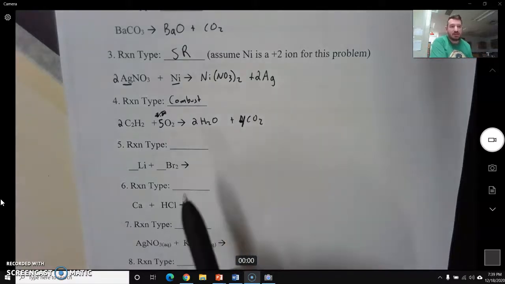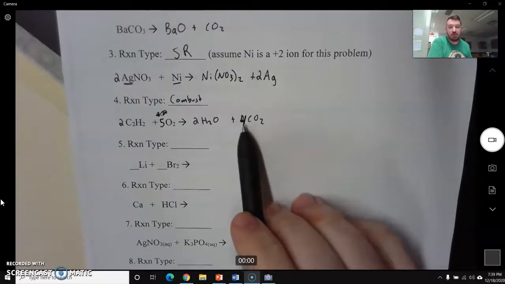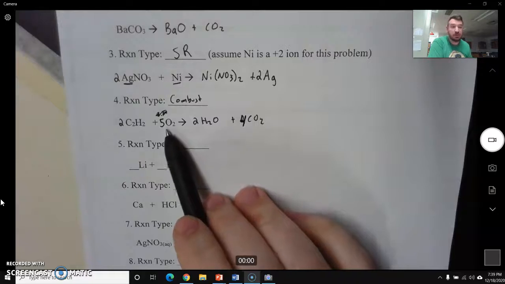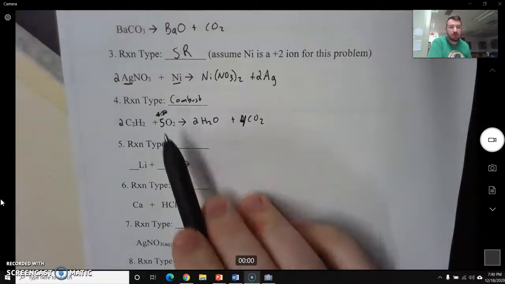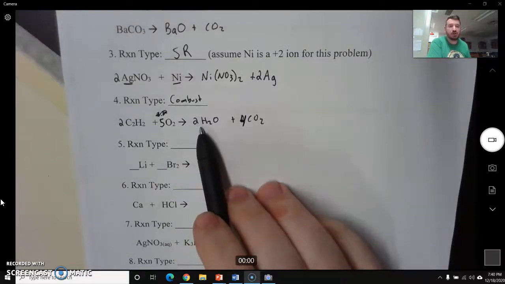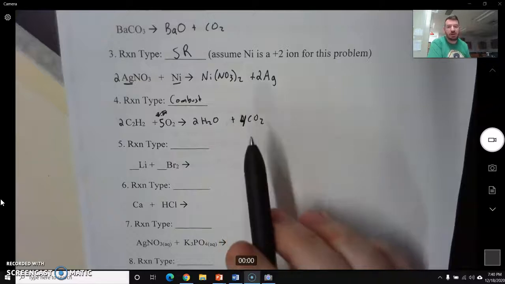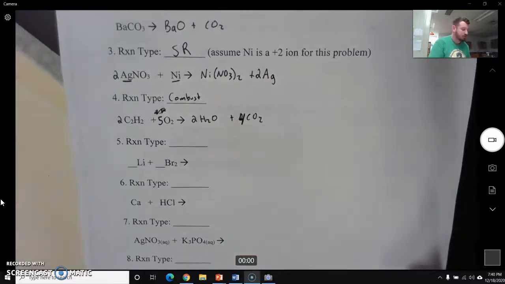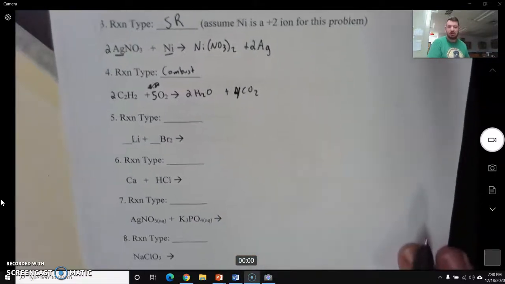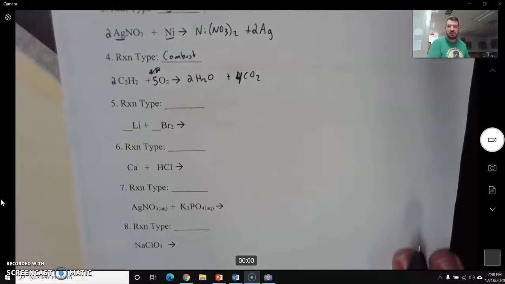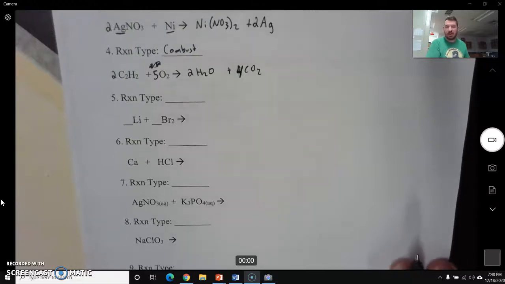You're not going to see any tricky combustion questions like this on the test where you have to do the doubling, but you should be able to do combustion reactions with predicting the products and balancing. And hopefully we have another example as we go on. So that's number 4. Let's take a look at number 5.